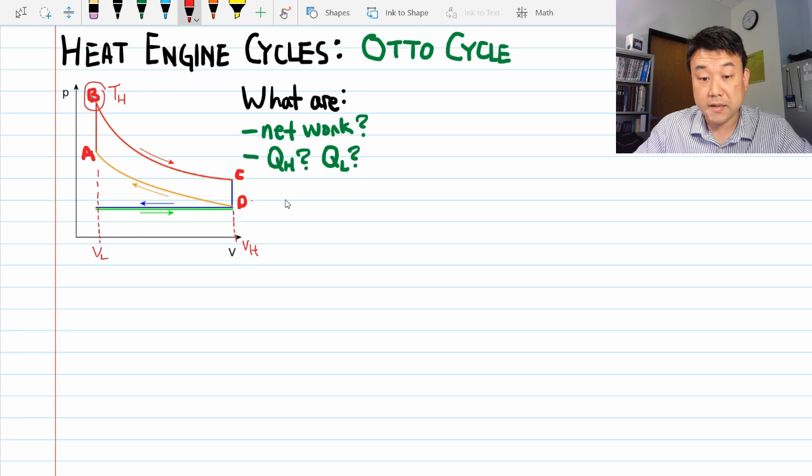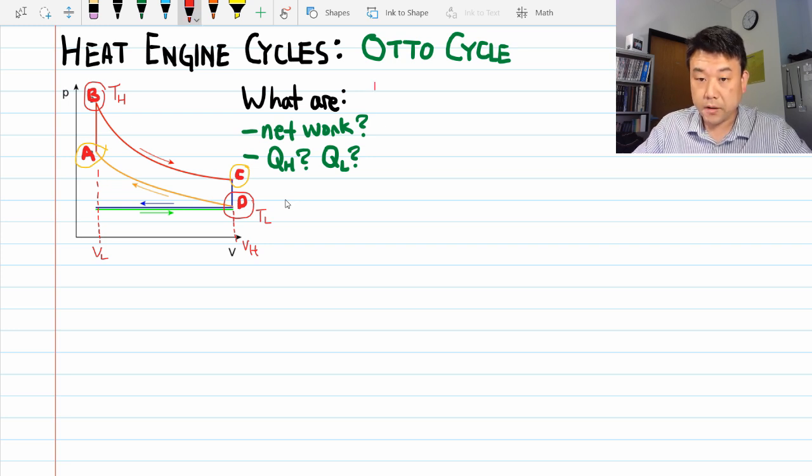And we can see that D is at the lowest temperature, so we'll call the temperature at D TL, the low temperature. The temperatures at C and A are going to be something in between, so we'll have to introduce a parameter for that later, and then from the information here kind of eliminate it.